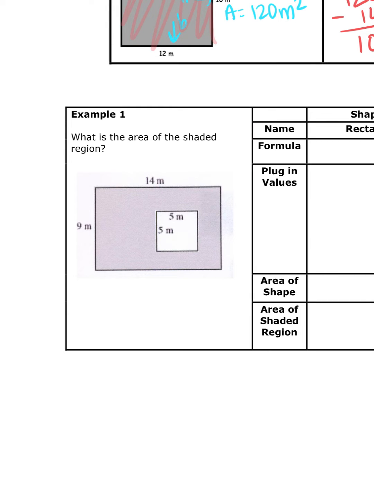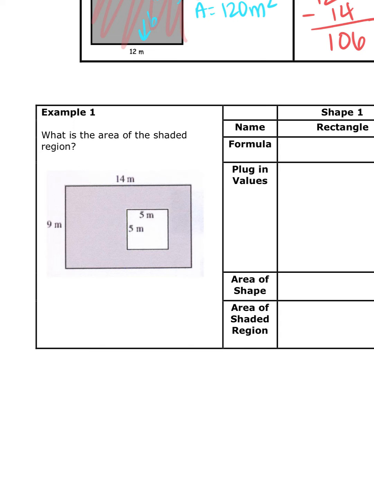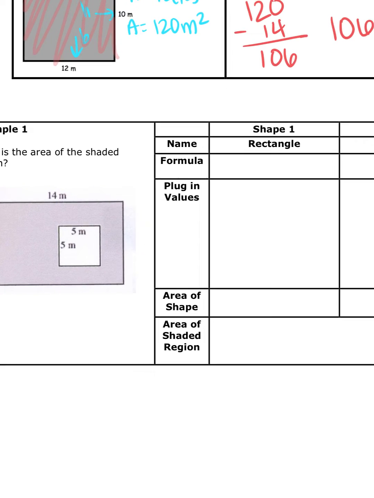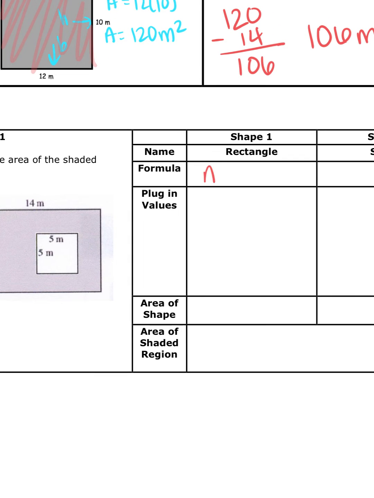Now we're going to look at this shape right here, and I want to know the area of the shaded region. So I'm going to look at each part separately. I'm going to start with the rectangle. The formula for a rectangle is area equals base times height.